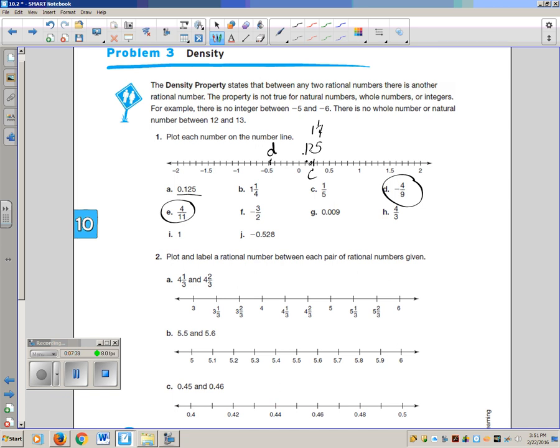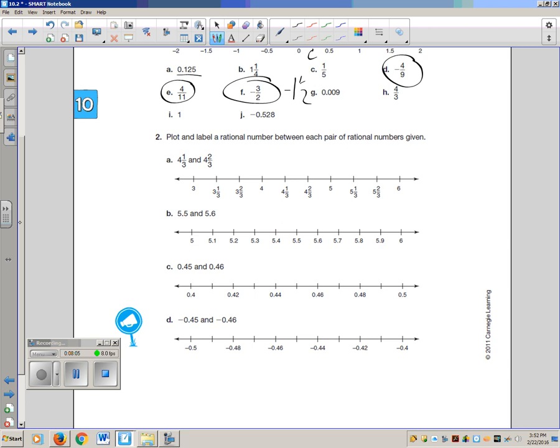Small, it's less than a half. I'm going to put it right about here. And let's do one more. Negative 3/2. That's negative 1 1/2. We can find that. There's F. All right, that's enough of that.